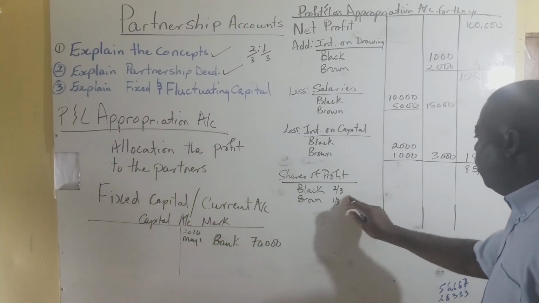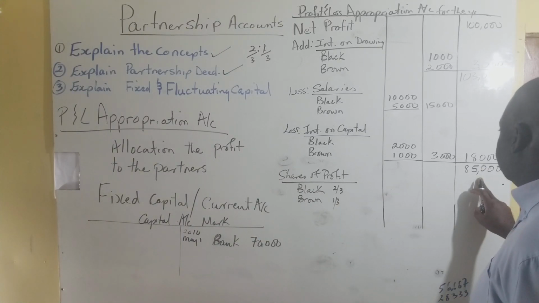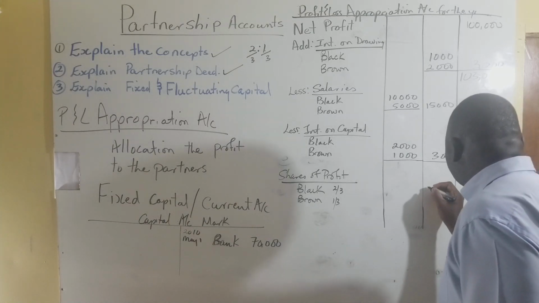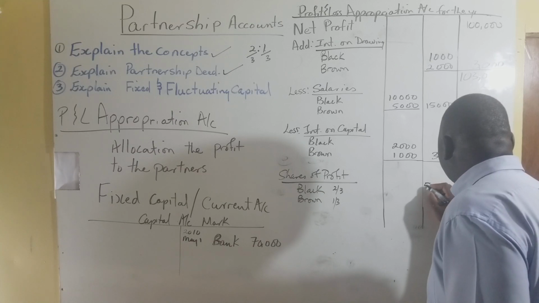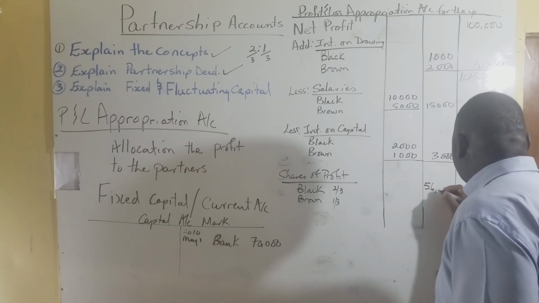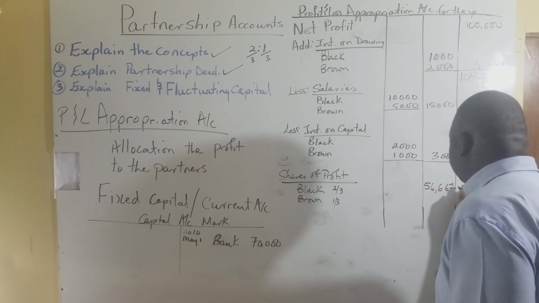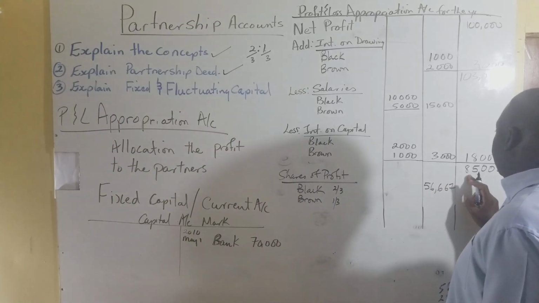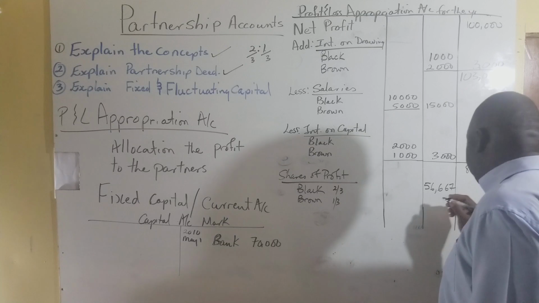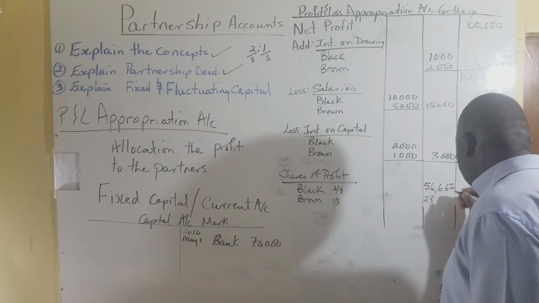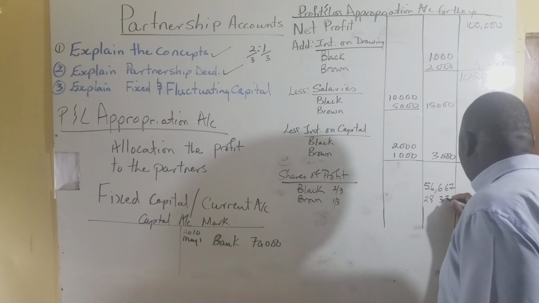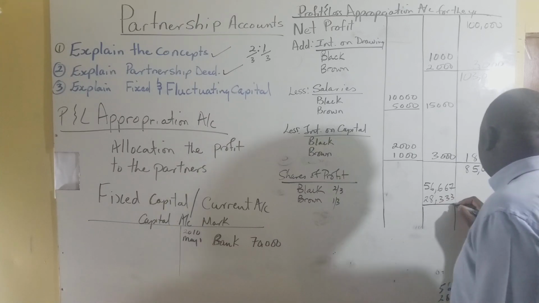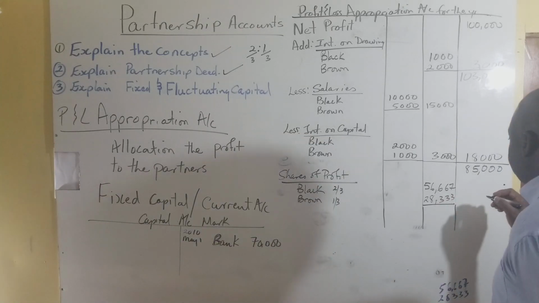When we find 2/3 of 85,000, we will get 56,667, and 1/3 of 85,000 would be 28,333. If we add these, we need to get back the same figure to know that we're correct.